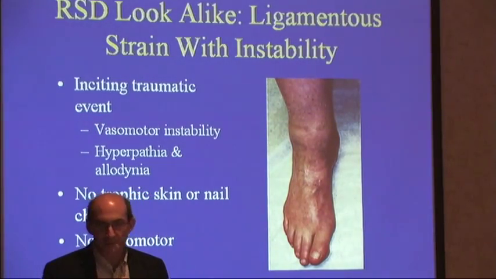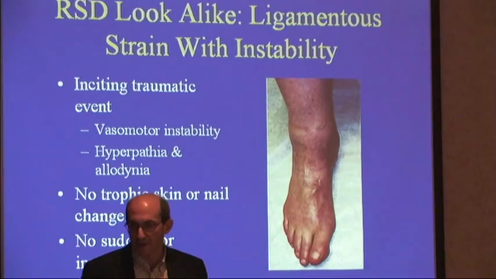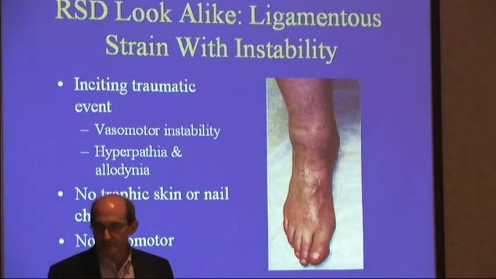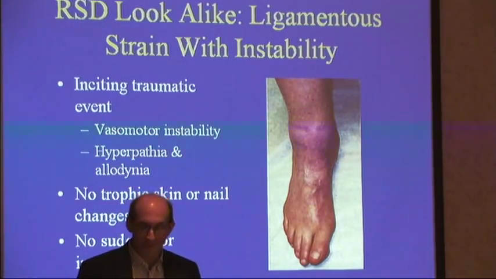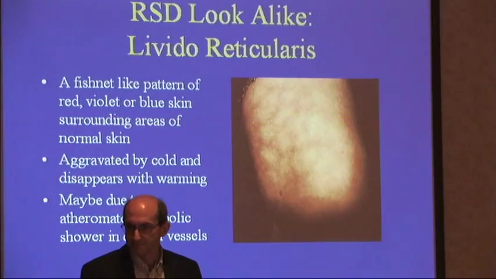She became allodynic. She became frightened to bear weight. She had vasomotor instability and clear skin color changes. She was allodynic and hyperpathic, but she had no trophic skin or nail changes. And when we did thermographic imaging, there was no pseudomotor or vasomotor instability. We treated the ankle, and she got better.